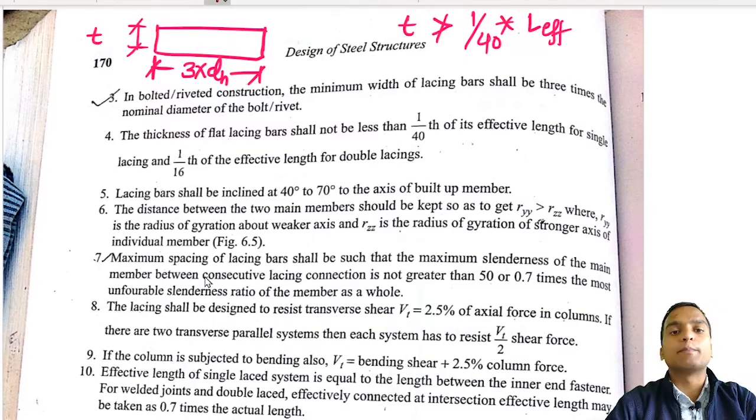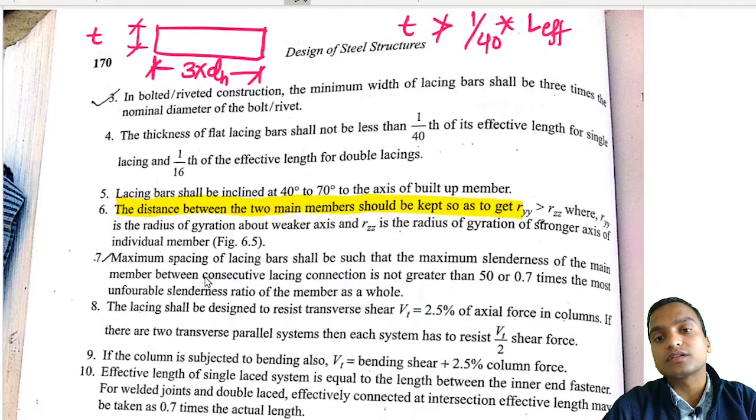And lacing bars shall be inclined at 40 degrees to 70 degrees to the axis of the built-up member. And as we have discussed, the basic purpose of design of built-up column is that the distance between the two main channel members should be kept such that RYY becomes greater than RZZ.